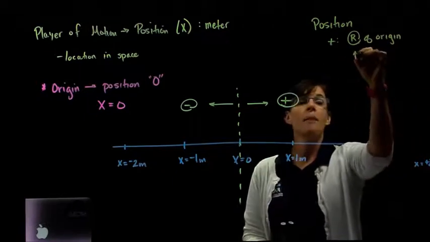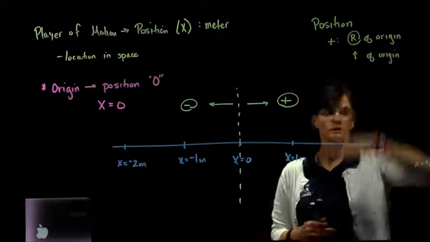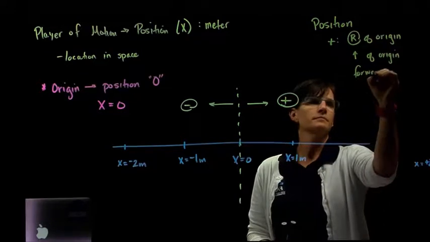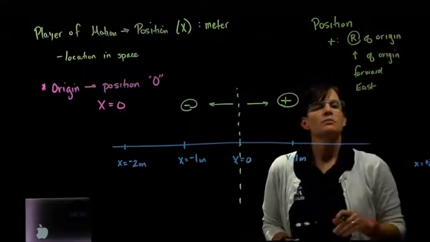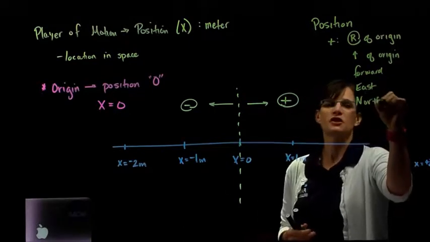You are up from the origin if you are on a vertical axis. You are forward, maybe you're east, north. These are our conventions and what we'll typically use.